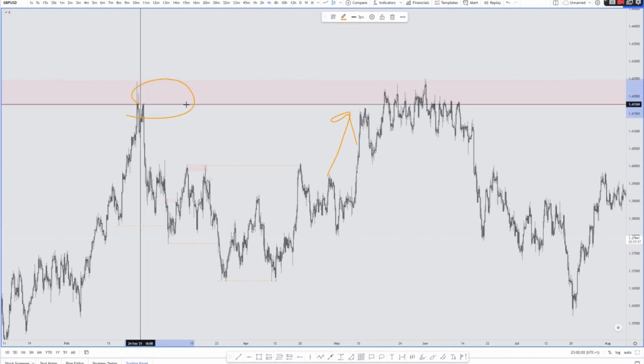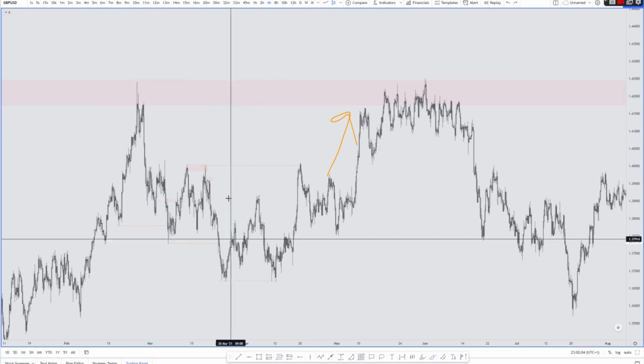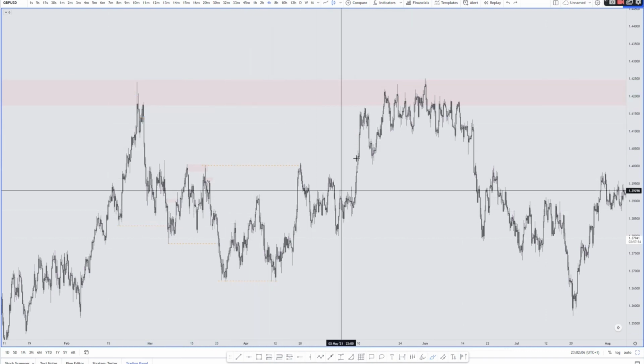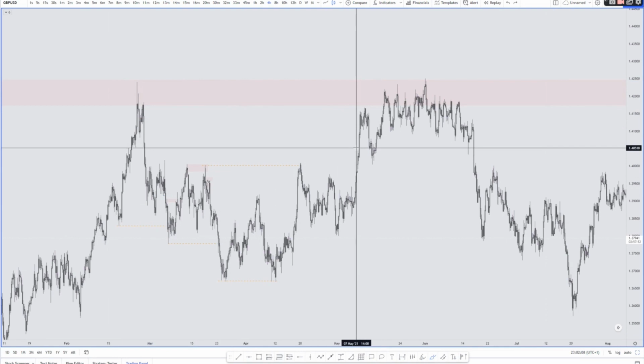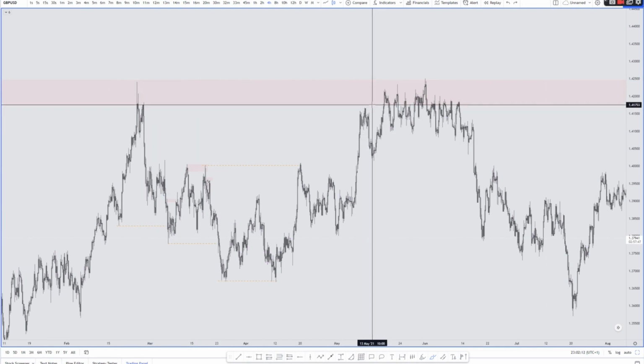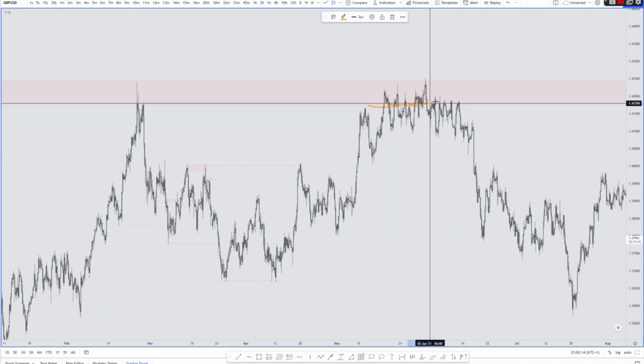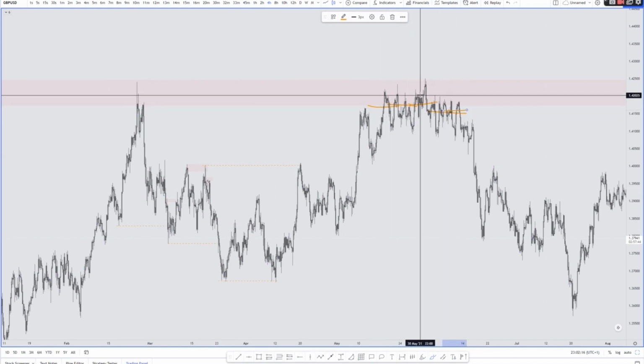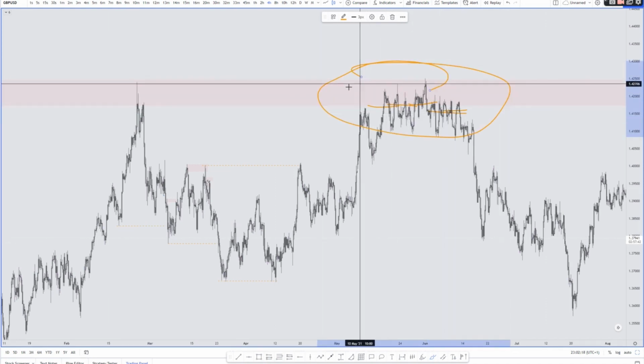We don't know that this weekly zone is going to fail just because it's been mitigated. It is a weekly zone. This is a 4-hour trend. And what I mean by that is you're not going to want to keep taking buys up here over and over and over until this zone actually fails.